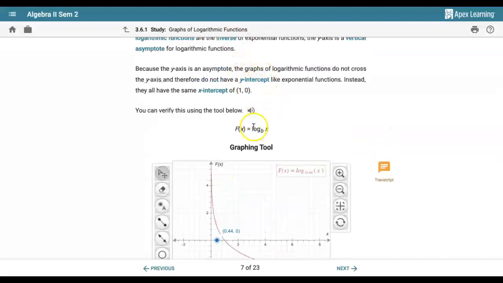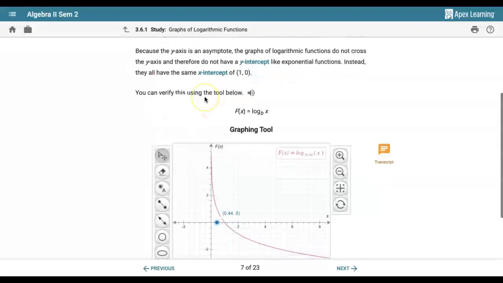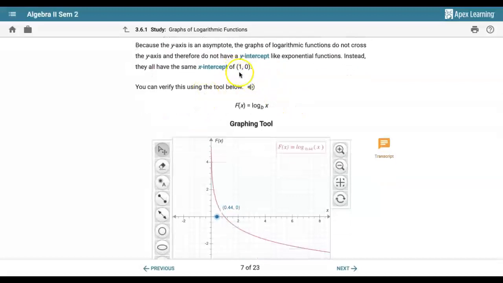Additionally, since the y-axis is an asymptote, the graph of our logarithmic function does not cross the y-axis. Therefore, we do not have a y-intercept. Instead of having the same y-intercept, lo and behold, they're going to have the same x-intercept, and that x-intercept is going to be at the point (1, 0). So think about it, it makes sense. We just flipped what we did with our exponential. Our exponential had a y-intercept at (0, 1).